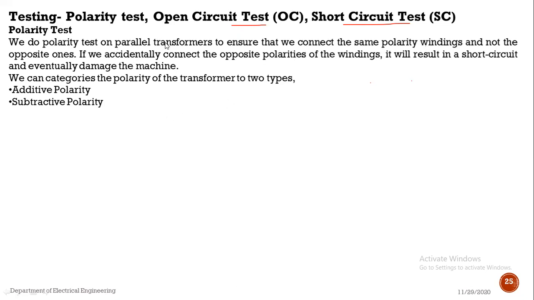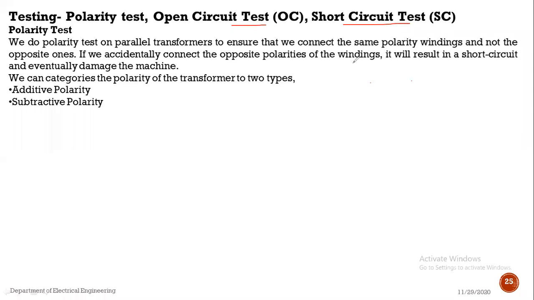For performing the polarity test, we are connecting two transformers in parallel and checking whether the polarity is same or opposite. If we accidentally connect the opposite polarity of the winding, it will result in short circuit.